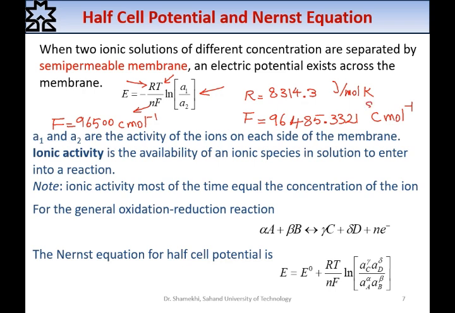For the general oxidation reduction reaction, we have this equation, and the Nernst equation for half cell potential is this equation.